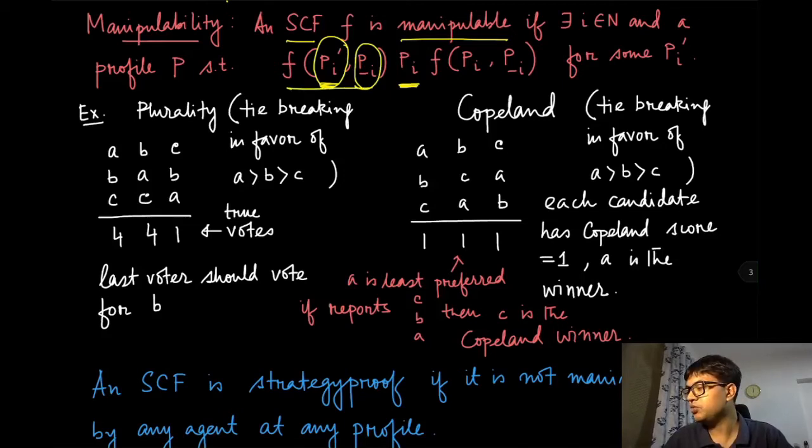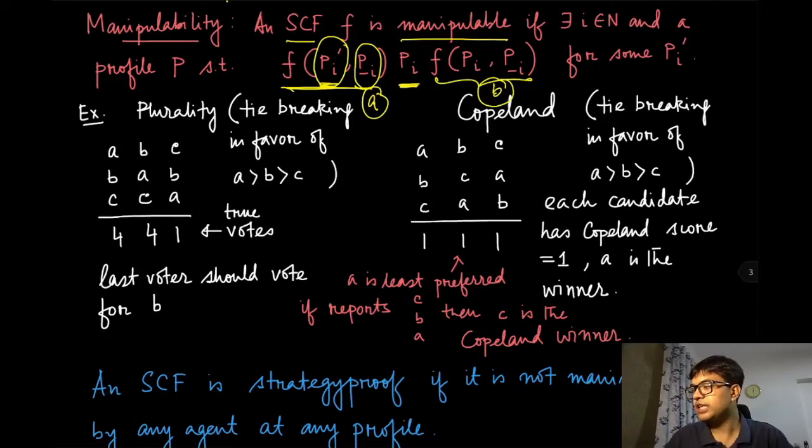So you know that this outcome, this f of Pi prime, P minus i, is one outcome. Let's say this is A, and this outcome is B, so then by misreporting it is getting an alternative which is more preferred than the outcome if it was not misreporting.